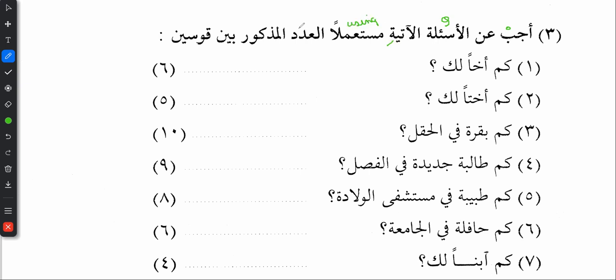Al-adad, number, using the number. Madhkurun means mentioned. Baina kauthain means between. Baina means between. Kauthain means bracket. Brackets means the numbers given here, you have to use these numbers in word kalima form.